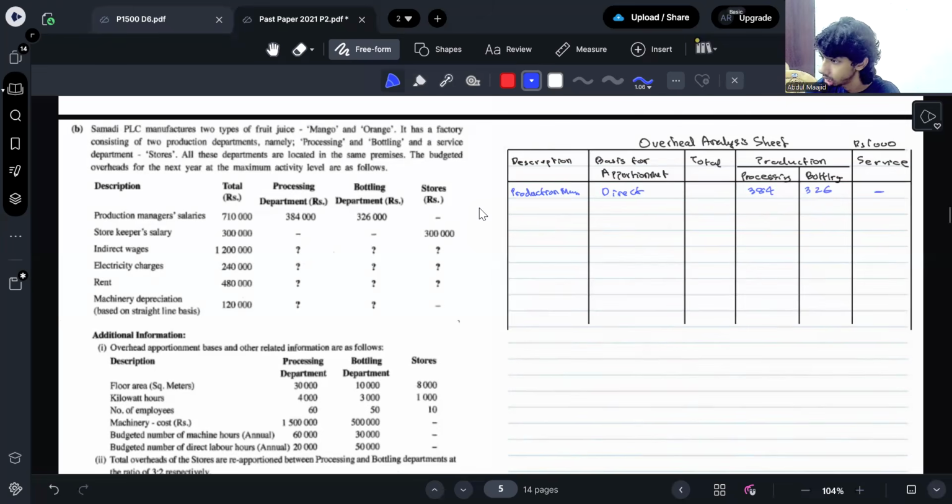The total is 710. Then storekeeper salary. That's also directly given. Storekeeper salary, direct. So that's 300 only for store. For processing and bottling, no. 300.